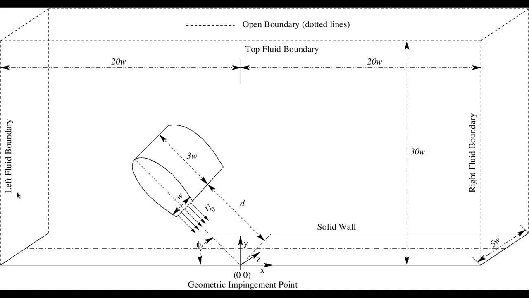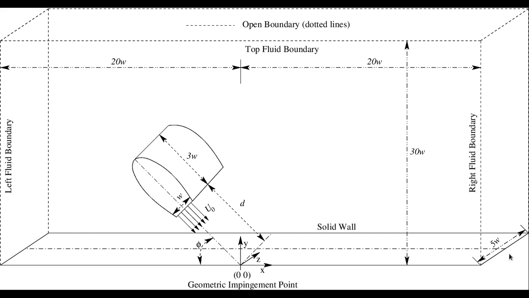In the same way, the left boundary is also 20 W from the location of impingement. The location of impingement is 0, 0, where the impingement will happen. The top boundary is again far from the impingement location, that is 30 W, and the width of the computational domain in the z direction is 5 W, as shown in the figure.